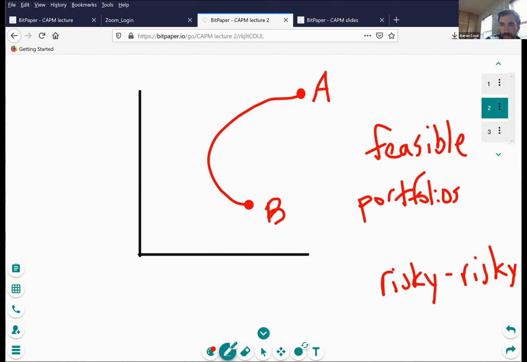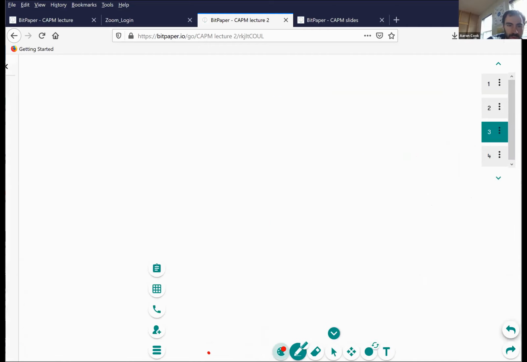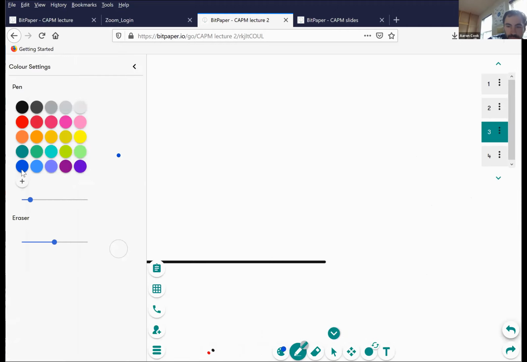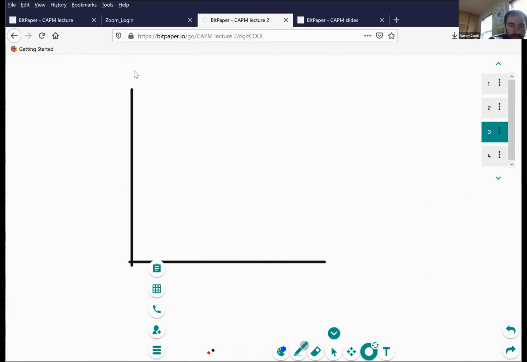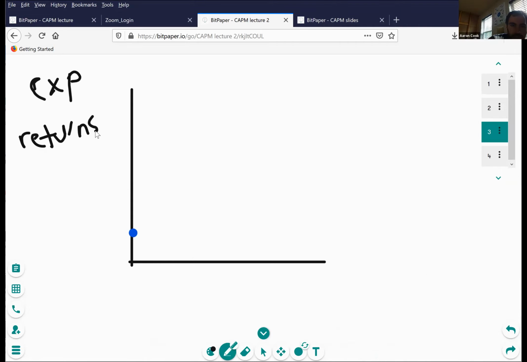We also talked about last time how, whenever you have a combination of a risk-free asset and some other risky asset, so if we have some risk-free asset down here, these axes represent expected returns and then standard deviation of the portfolio.